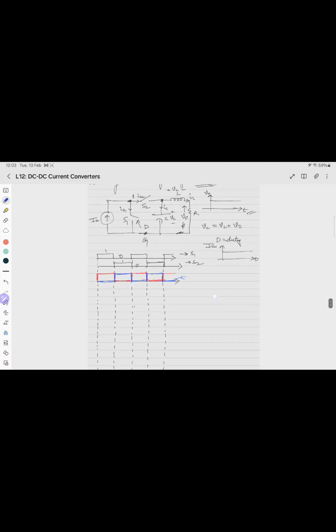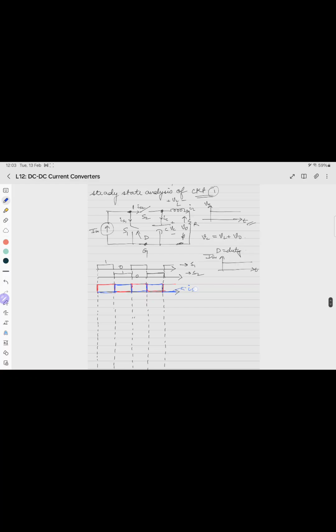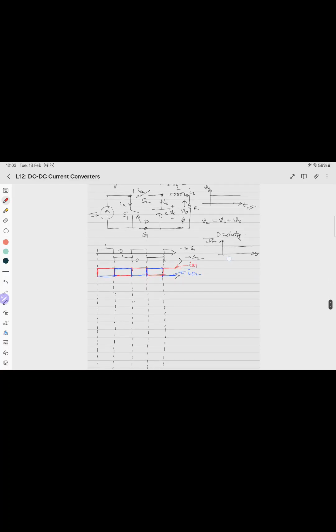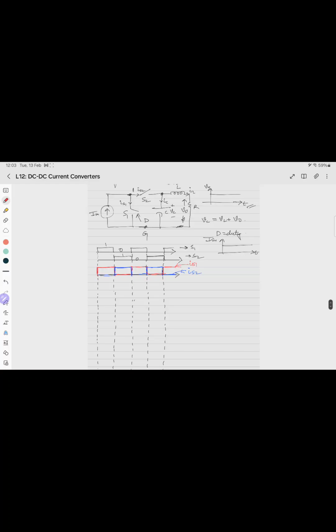This will be IS2, and this is IS1. I have drawn the simplest waveform of the current between these sources.